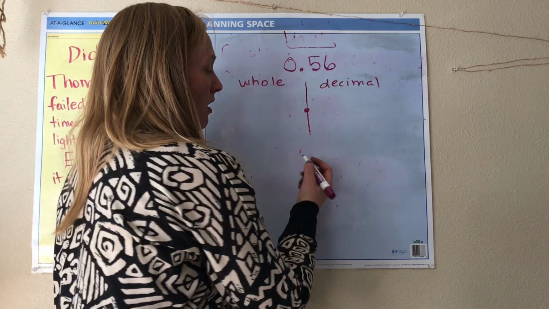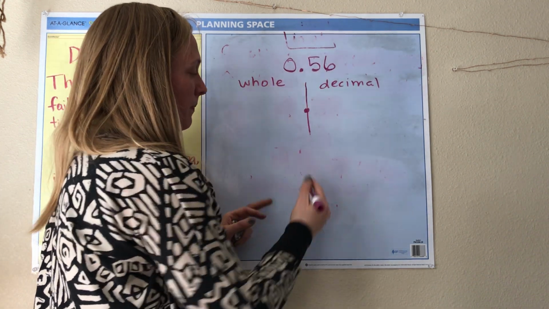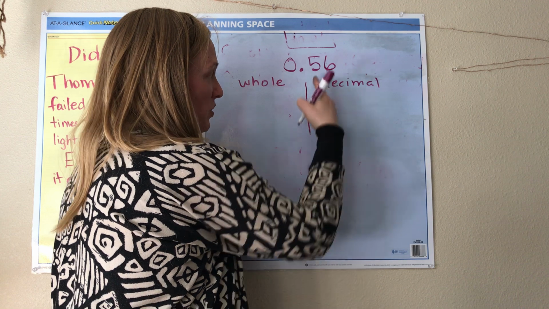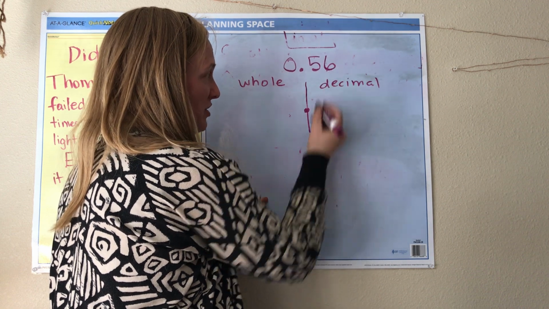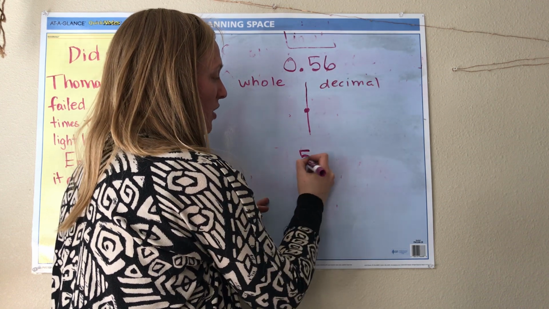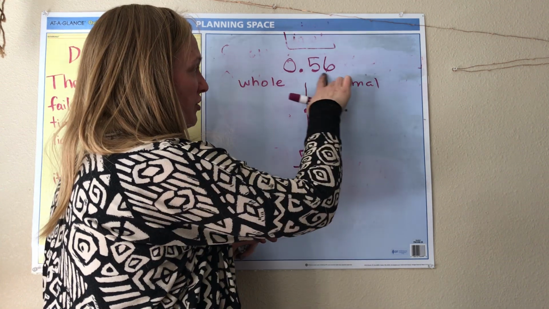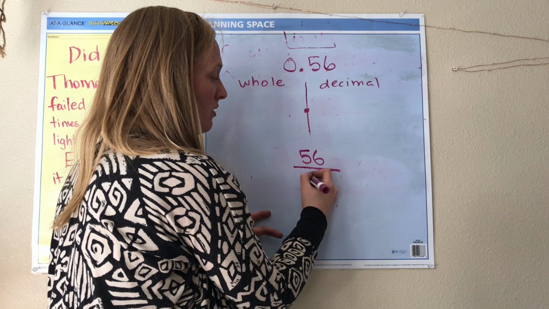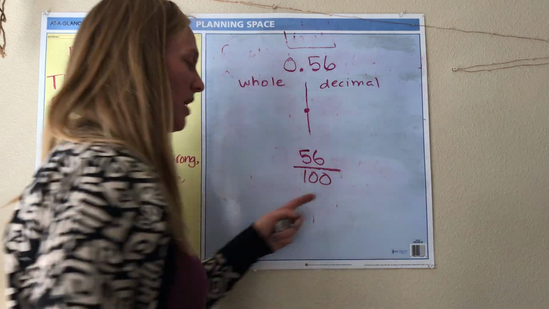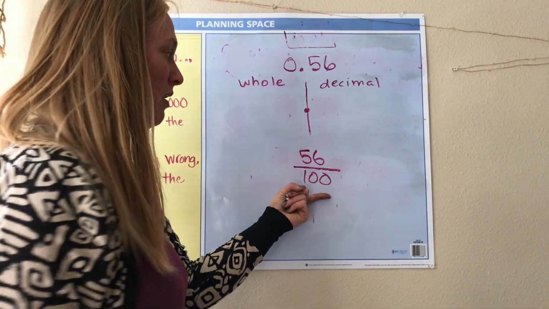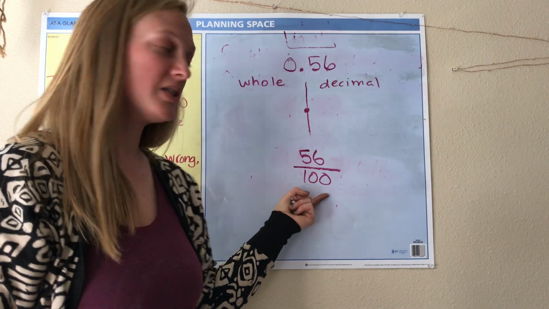Okay, so we don't have a whole number. We do have a decimal that we're going to turn into a fraction. So 56 is going to go in my numerator. 56 hundredths, 100 is going to be my denominator. That is your answer for question number 7.